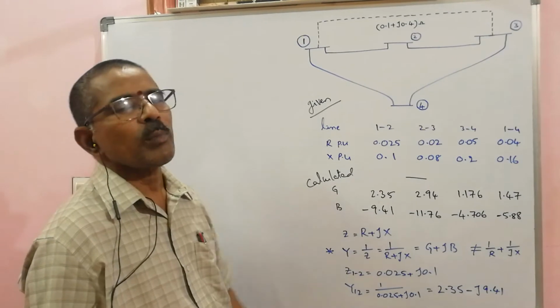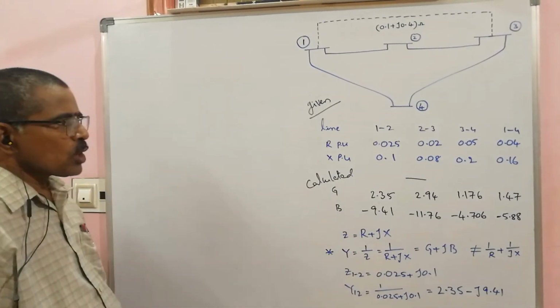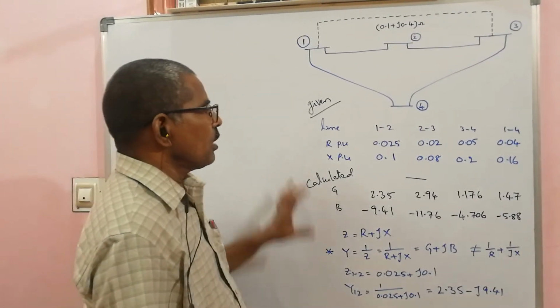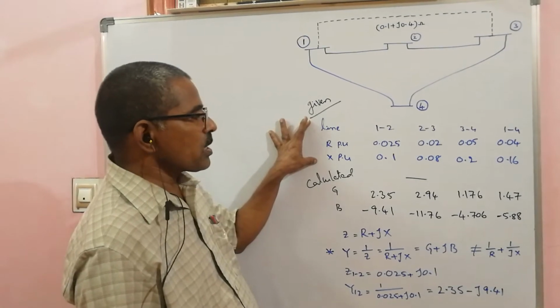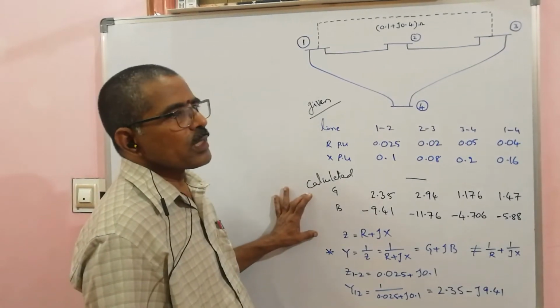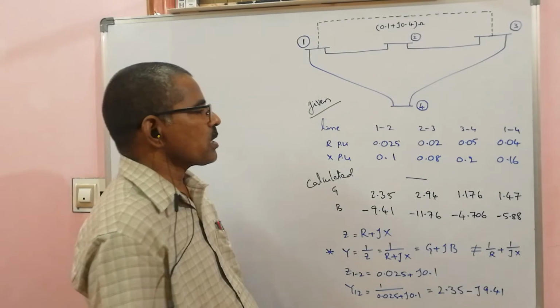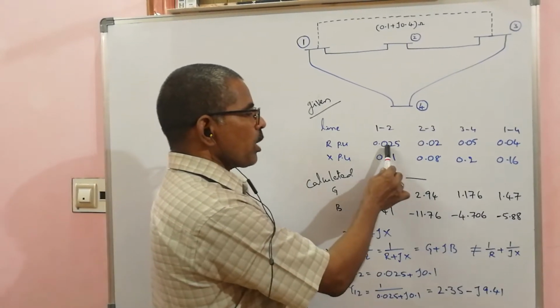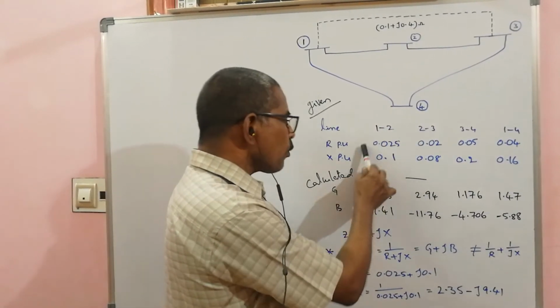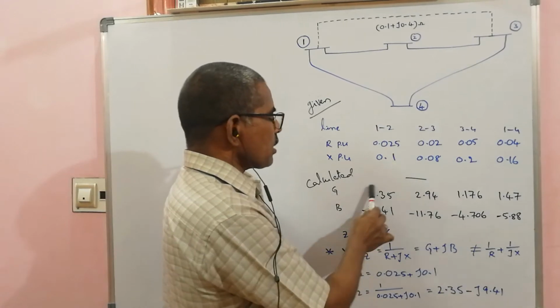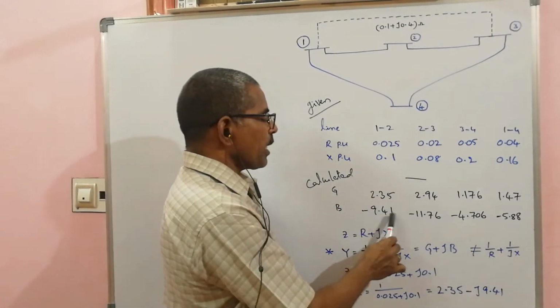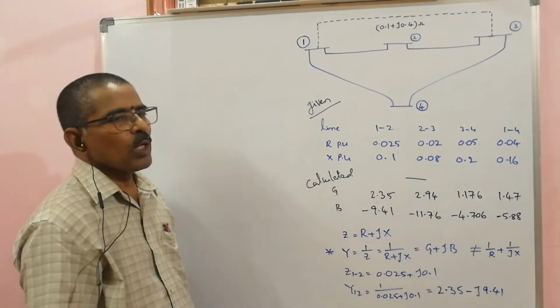That is the second part of the problem. For the first part, you convert the line impedances into admittances. So 0.025 plus j 0.1, 1 over this is 2.35 minus j 9.41.